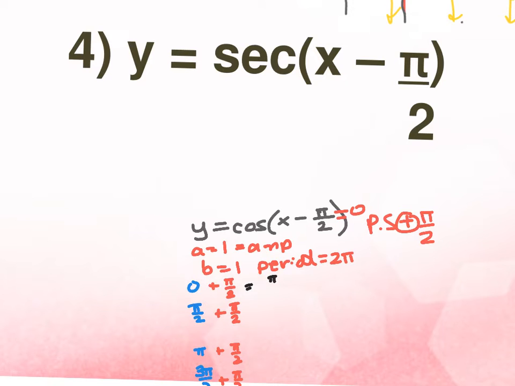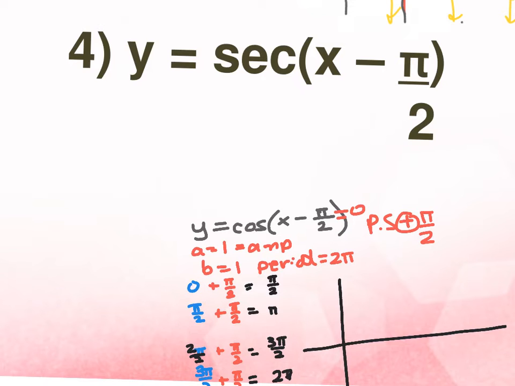So I get pi over 2, 2 pi over 2, which is pi, 3 pi over 2, 4 pi over 2, which is 2 pi, and then 5 pi over 2. So the first one's the phase shift, which makes sense.